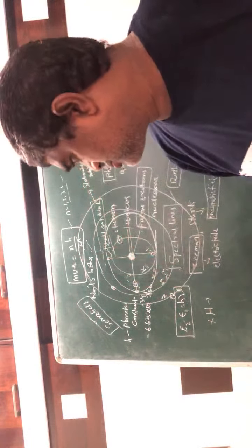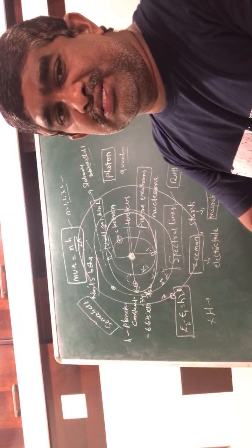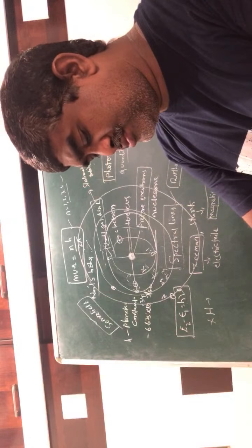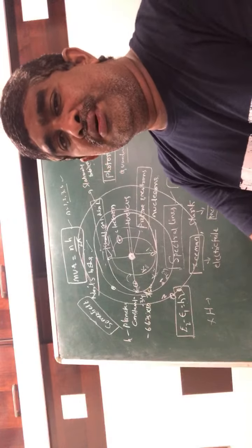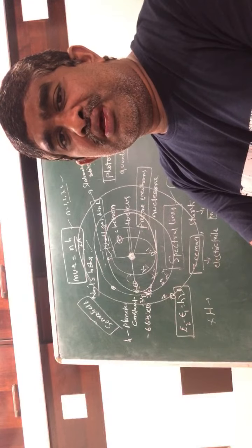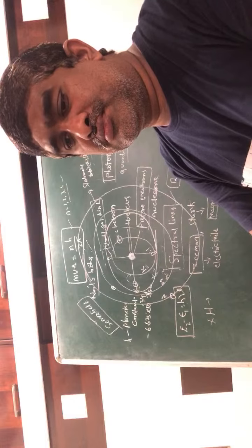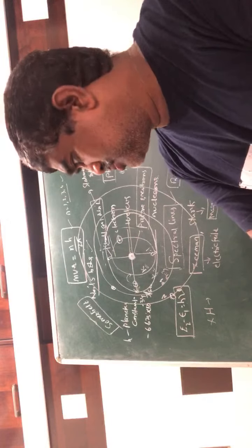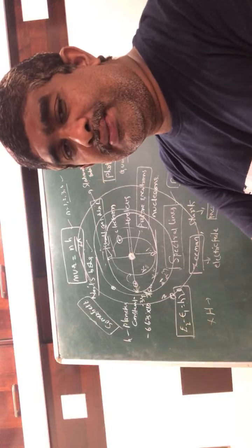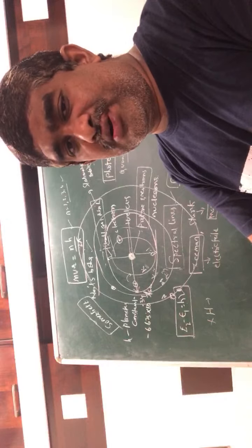When an electron jumps from higher energy orbit to lower energy orbit, it releases energy in the form of a photon or quantum.